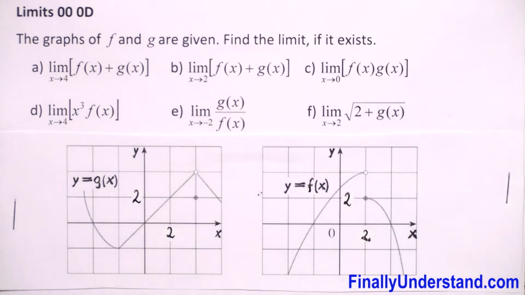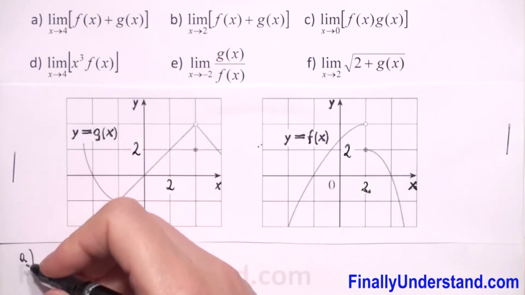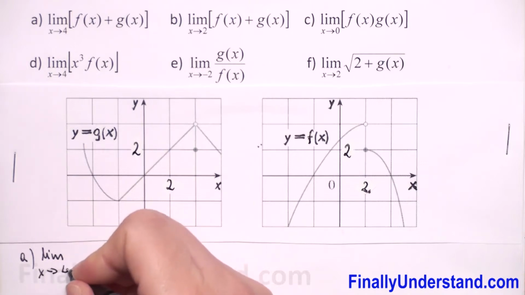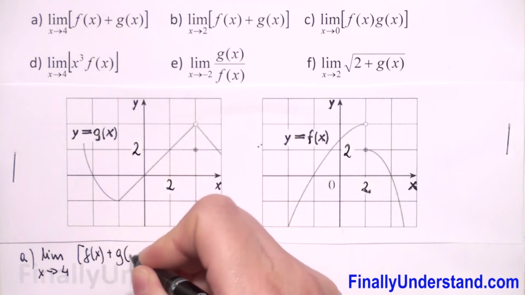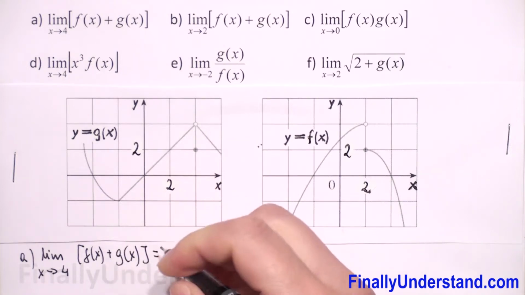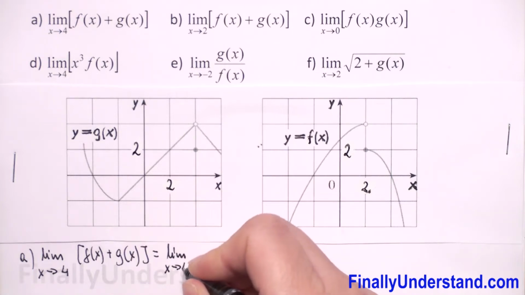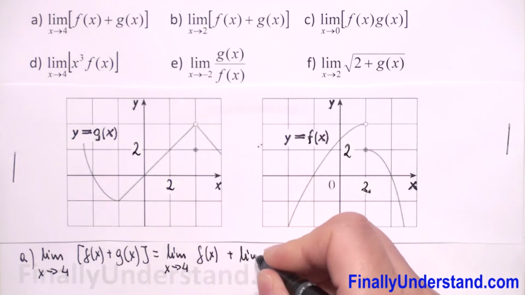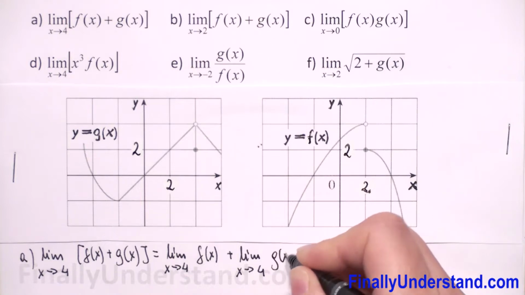So we can rewrite this, and we will have the limit as x approaches 4 of f of x plus g of x is equal to the limit as x approaches 4 of f of x plus the limit as x approaches 4 of g of x.